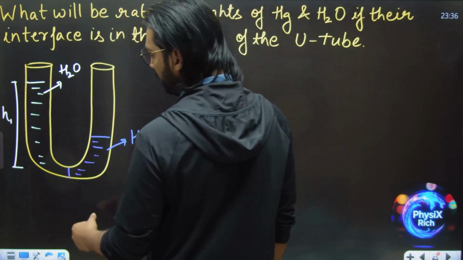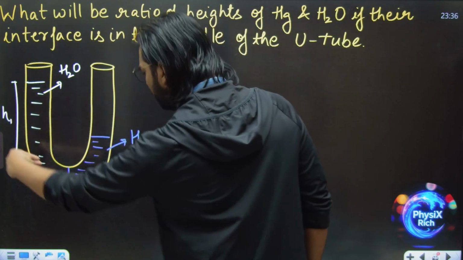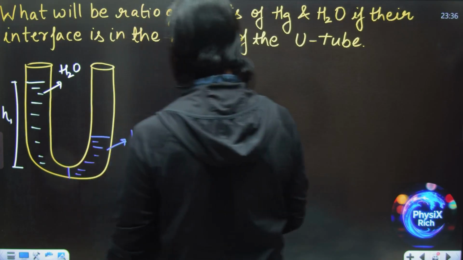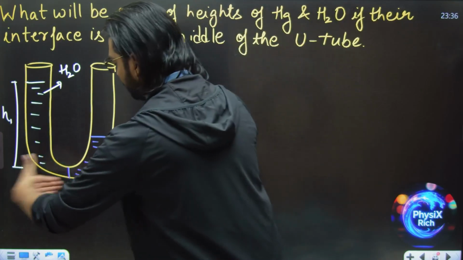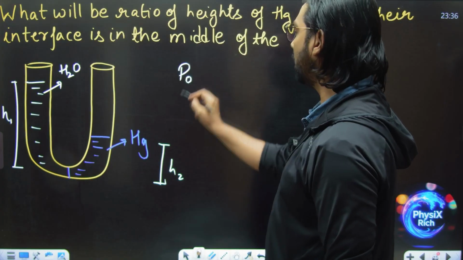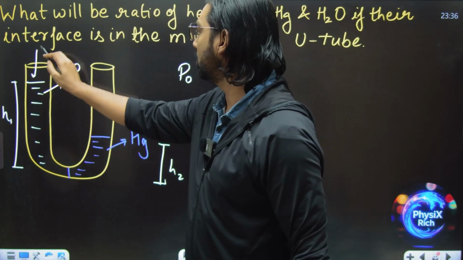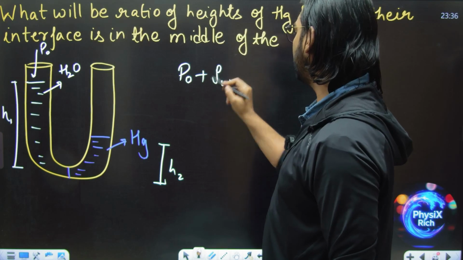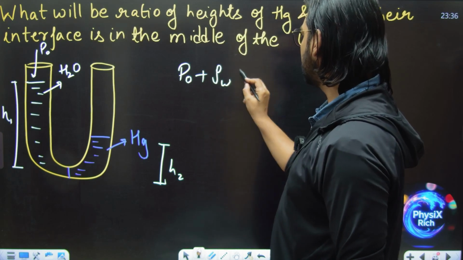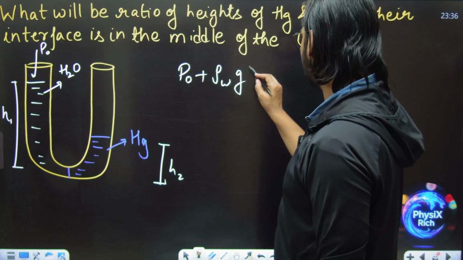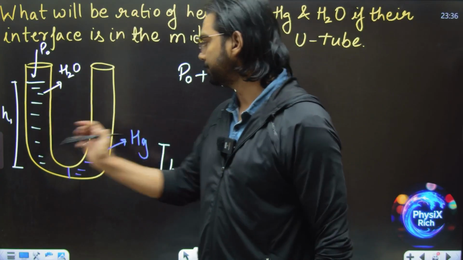However, at this point, water will be trying to push into mercury and mercury will be trying to push into water. So the pressure due to both these should be equal. So we'll write P naught, the pressure over here, plus density of water times g times H1, where H1 is the height of the water column.